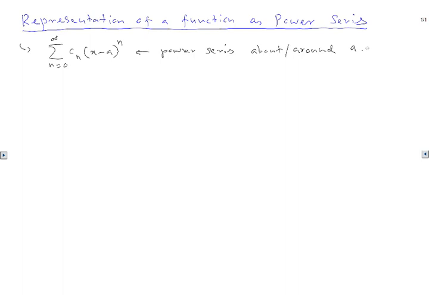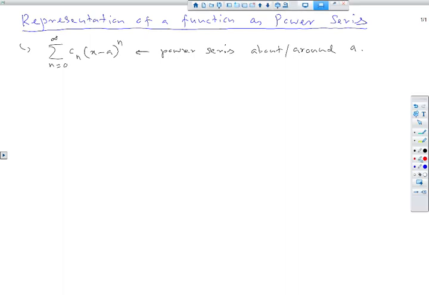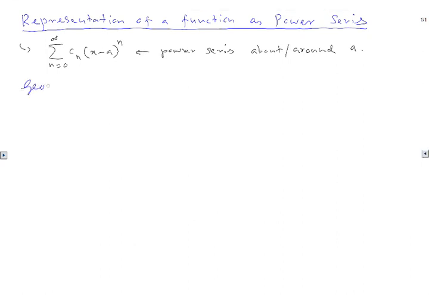Let's start with something that we already know: the geometric series. That's the starting point. As you remember, what's a geometric series? Let's say you start with 1, this is a special case, and then you multiply every time by x.